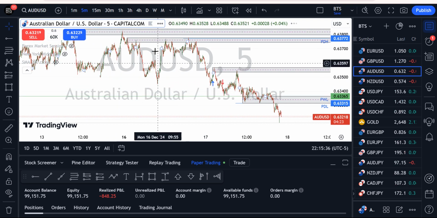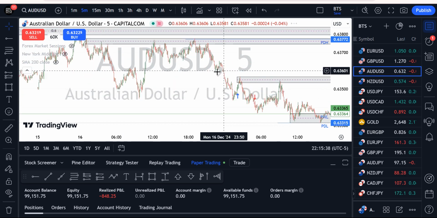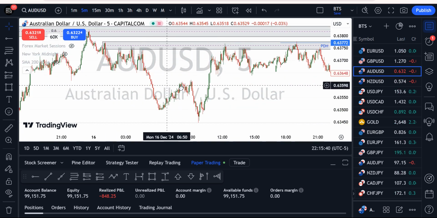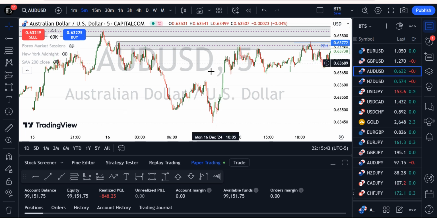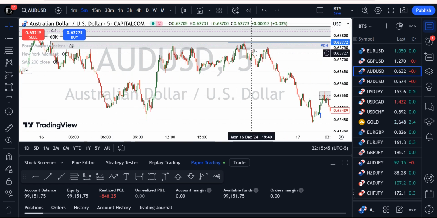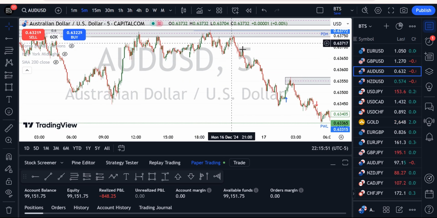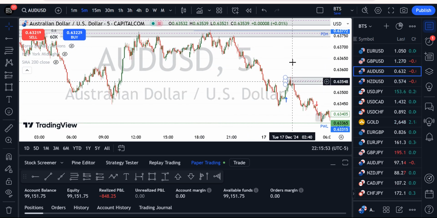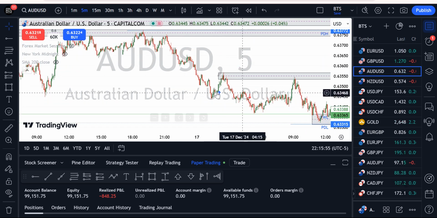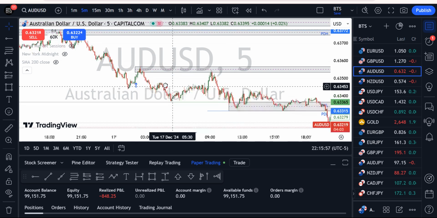AUD has been very weak, as you can see, right around this zone. Yeah, it was just so unfortunate. This movement happened in Asian session and I was not awake. Then we had price trade lower, right? Trade into this region.